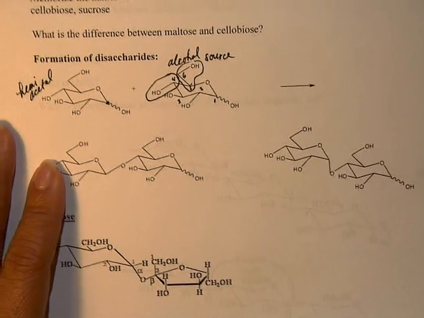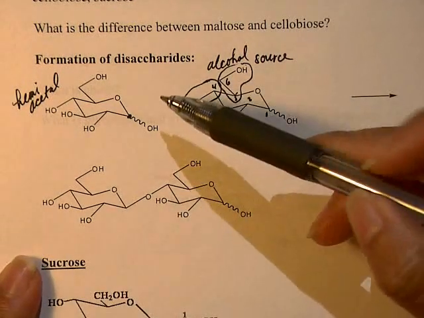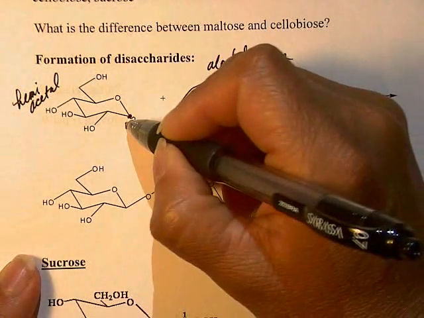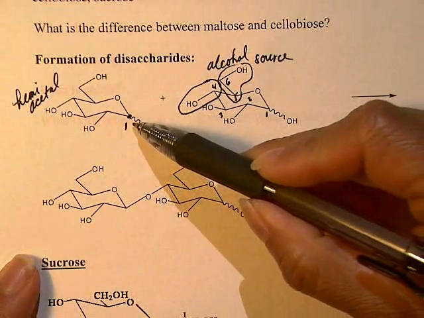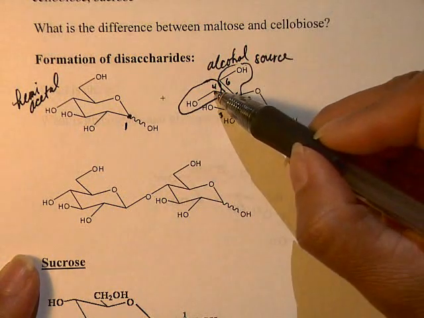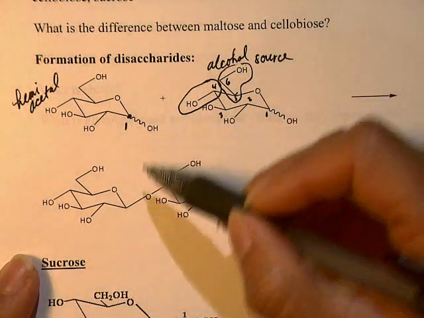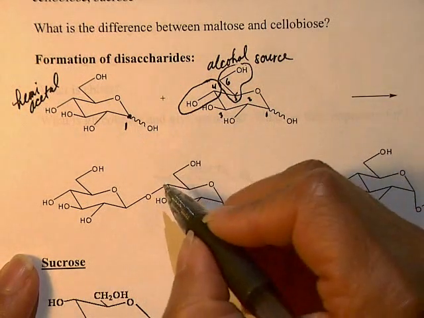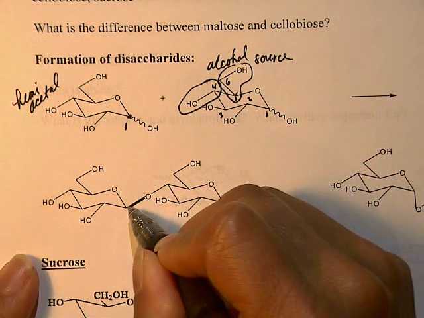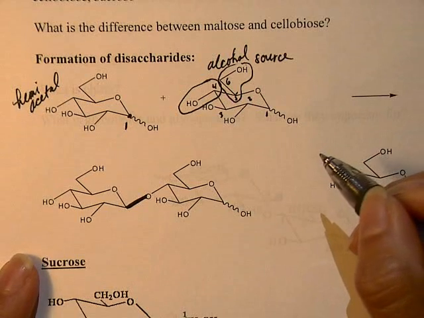I'm going to blow it up so you can see it better. What happens is that you have a linkage forming in here, and you know that at C1 of the hemiacetal sugar, the group could exist either up or down. So when the C4 alcohol of the second monosaccharide comes in and makes the linkage, which is right here, that's the bond formed between the two monosaccharides.